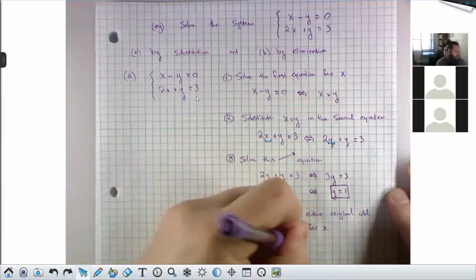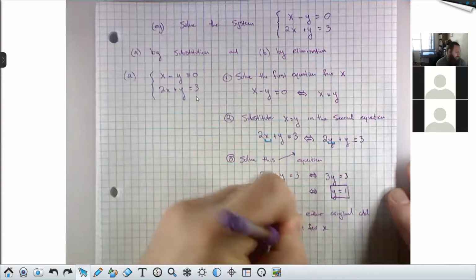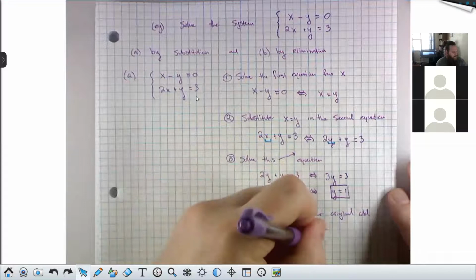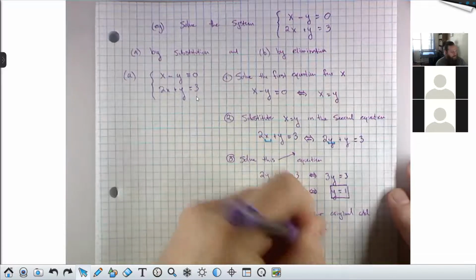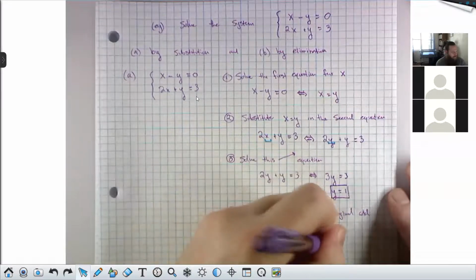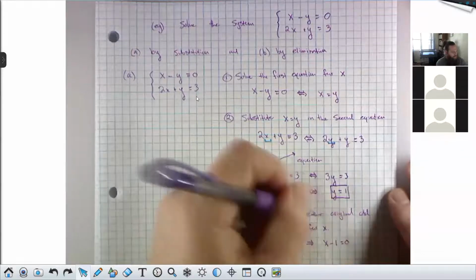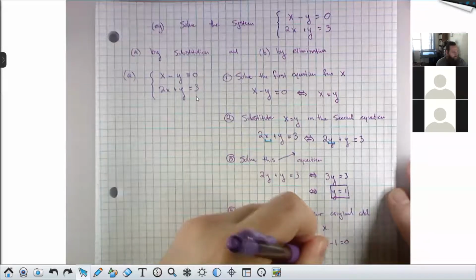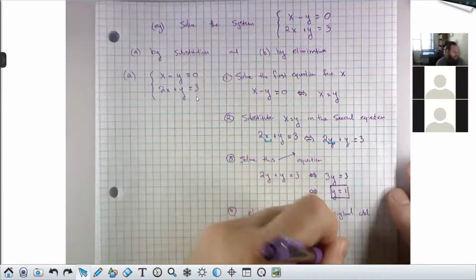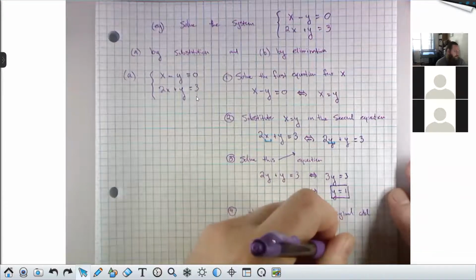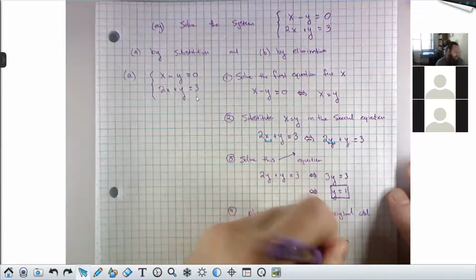So if I take x minus y equals 0, and I plug y equals 1 in, then we get x minus 1 equals 0. And then I solve that for x. That's the same as saying x equals 1.